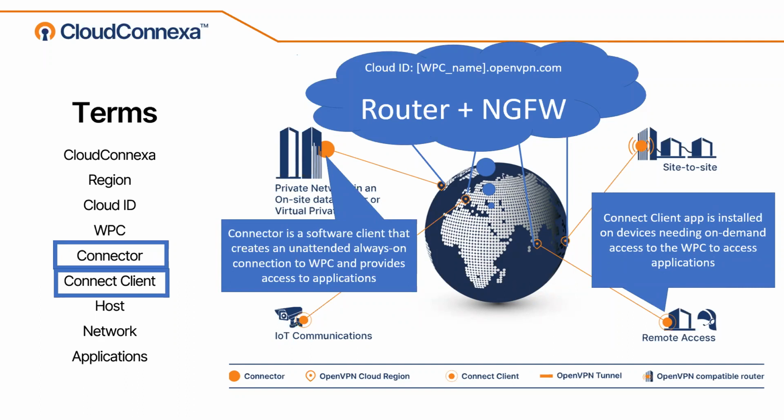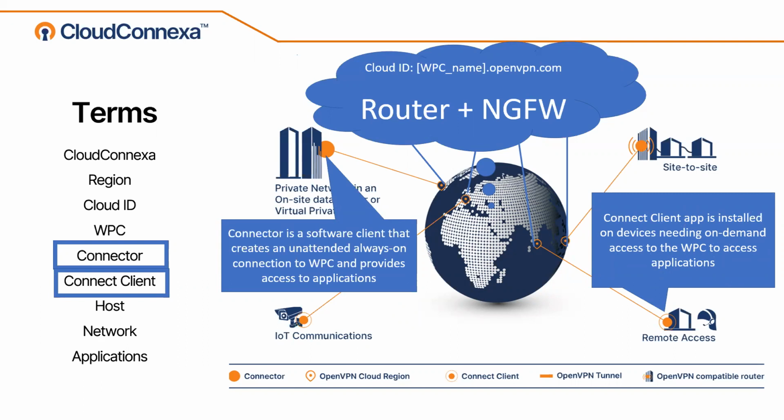Even though it is the same client app, the context in which it is set up in the administration portal and the configuration profile allows the connector to create an unattended connection, and is used to provide access to applications which are hosted on the servers it runs on, in the network connected to the WPC. So to summarize, connectors make networks and applications part of the WPC, and clients connect to the WPC to use the services available via the connector.